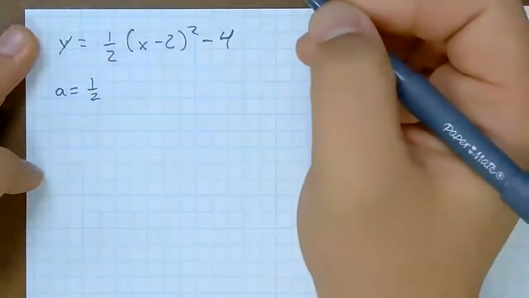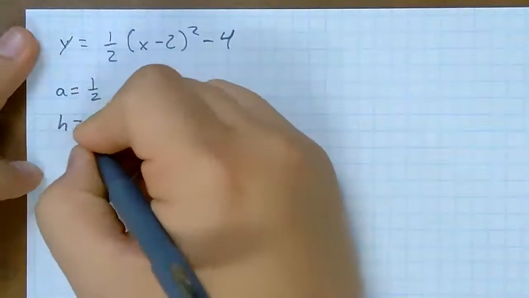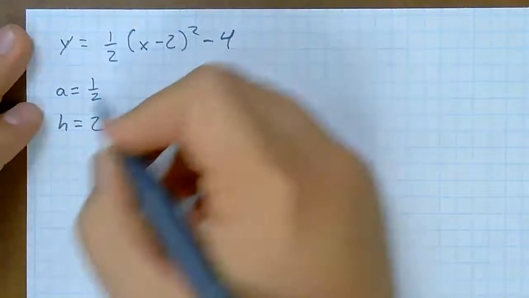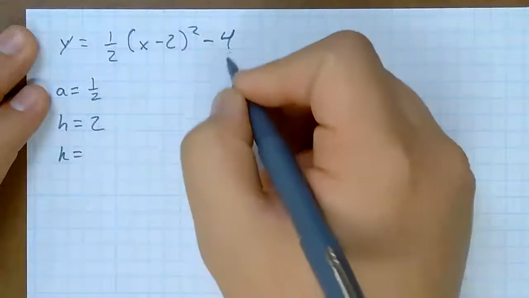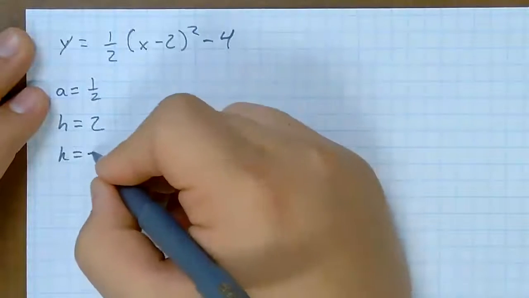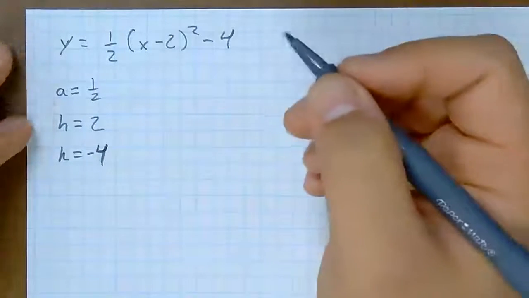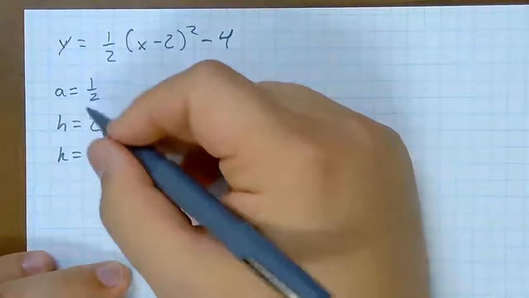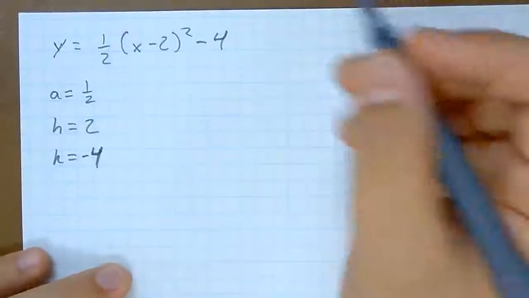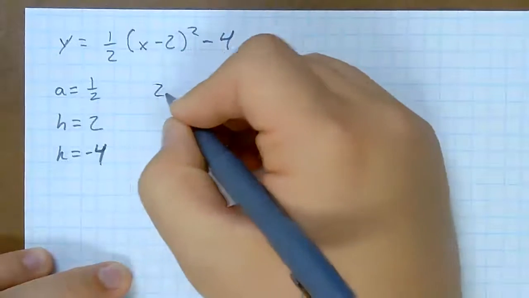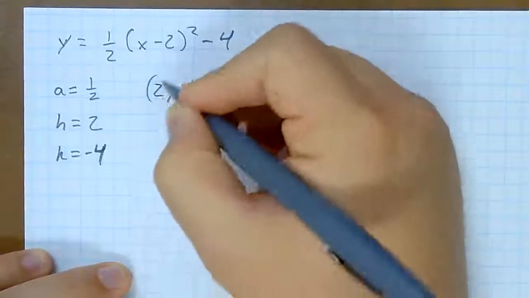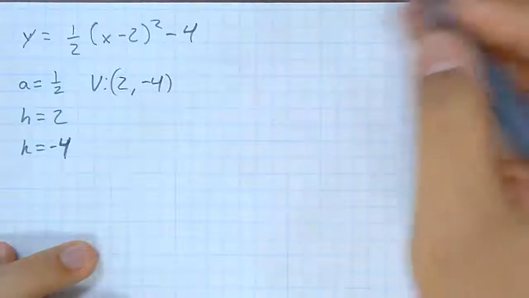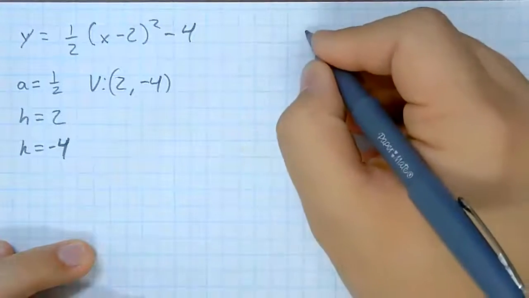A equals 1/2. H equals the opposite of what we see here, 2. And k equals what we see here, negative 4. So a of 1/2 is going to affect our pattern. We'll take a look at that in just a moment. Our vertex is the point (2, negative 4).